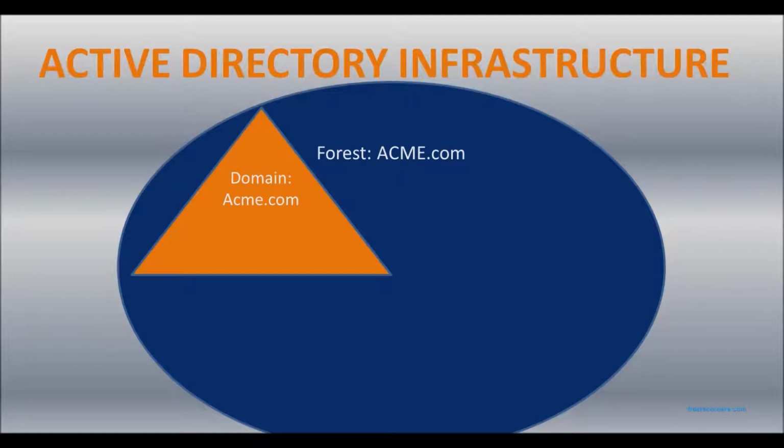And that first domain is going to automatically be called acme.com. It will take the name of the forest. And we've got a special designation we give that domain. We call it the forest root domain. He's the first guy we made in the forest. Okay?